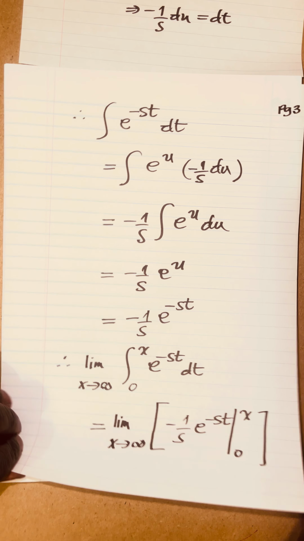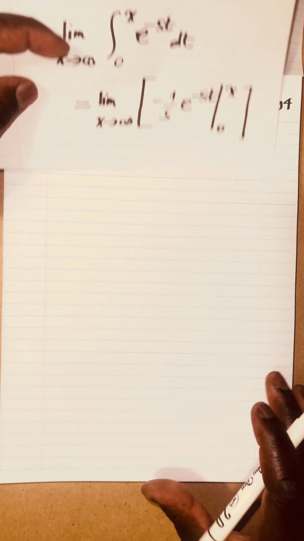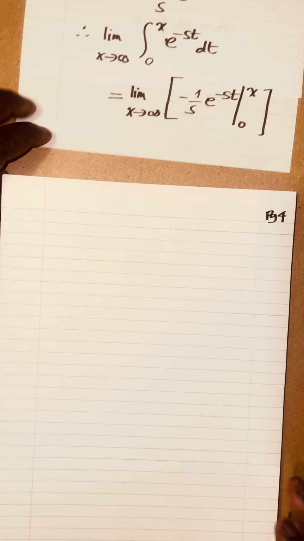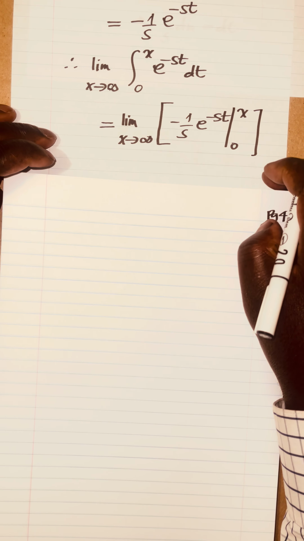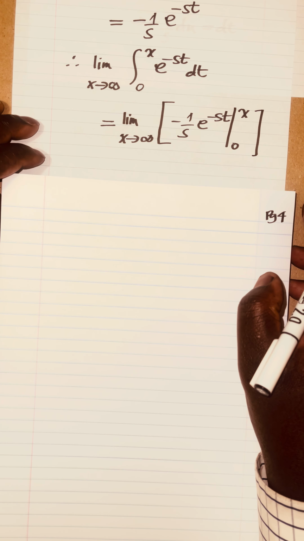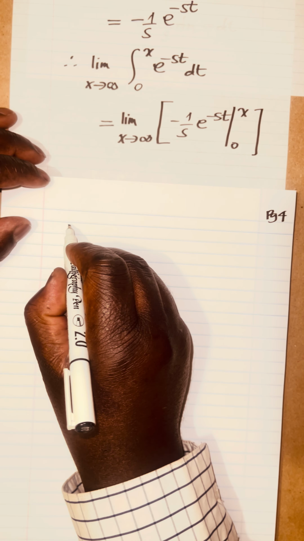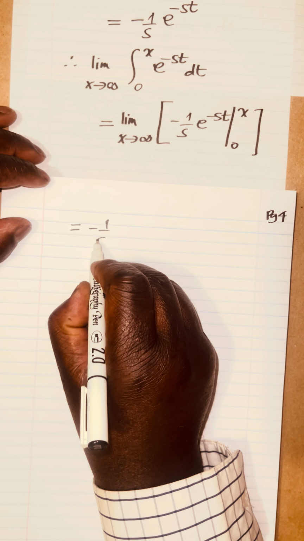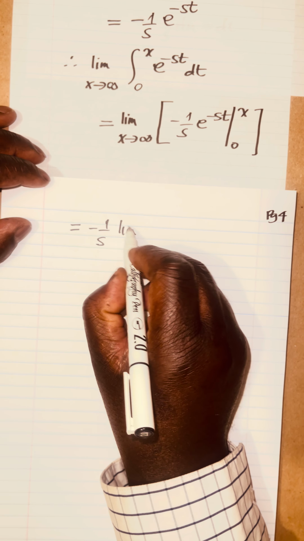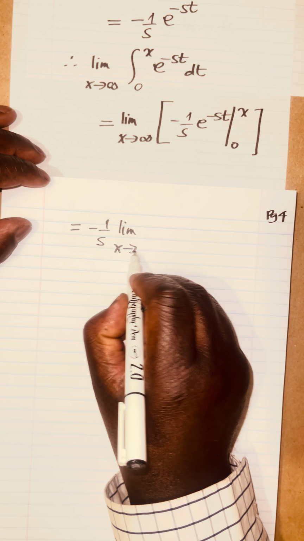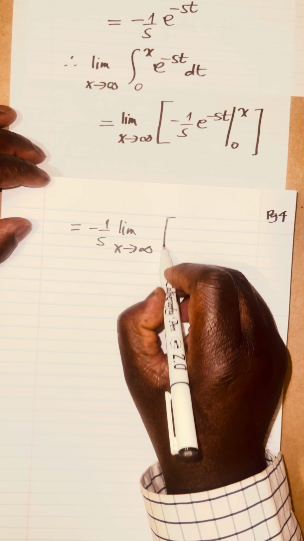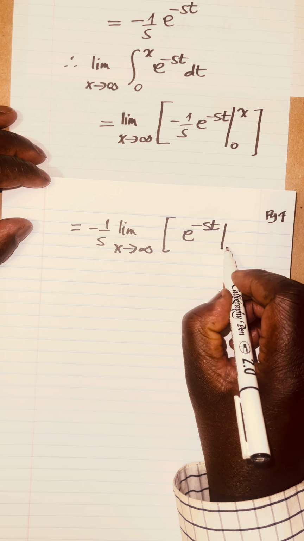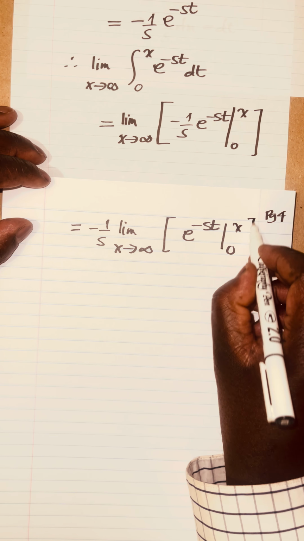Now I'm moving to page 4, and I want to bring to your attention the fact that minus 1 over s is a constant, so it can be taken out. Minus 1 over s times the limit as x approaches infinity of e to the power minus st evaluated from 0 up to x.